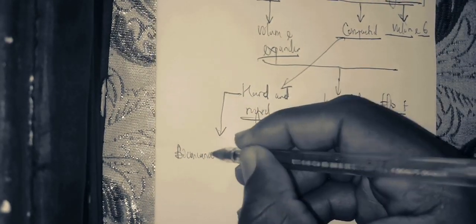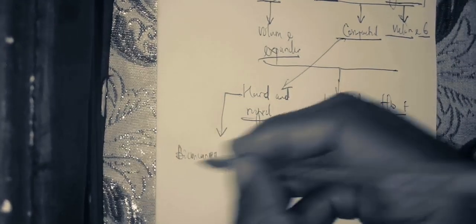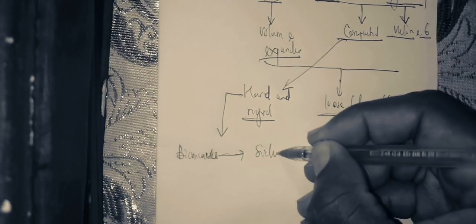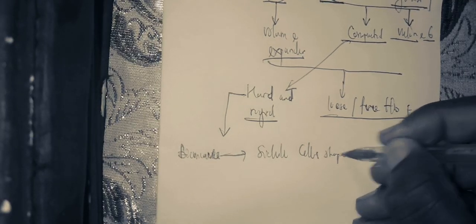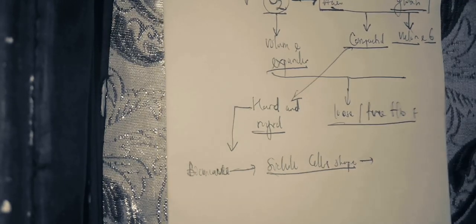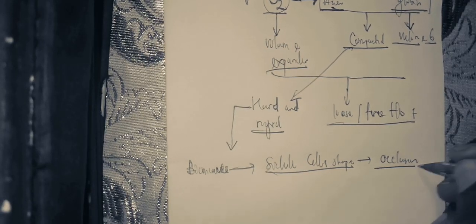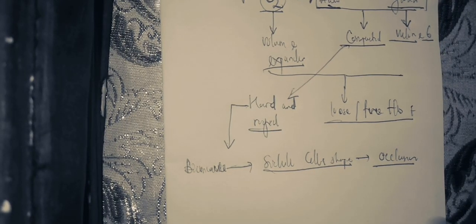Since the hemoglobin has compacted, they are going to become sickle cell shaped. The sickle cells are non-mobile, and they are the ones that cause occlusion from their high viscosity and low motility. So that is going to result in the crisis.